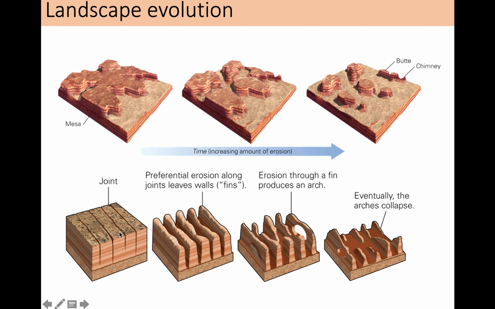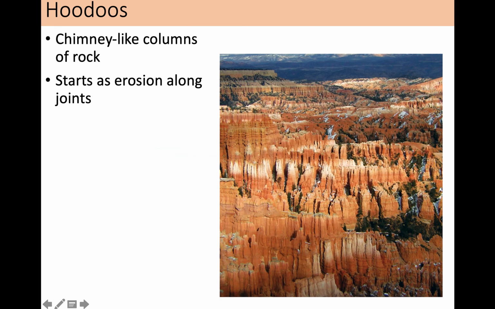Something that isn't jointed, so it doesn't already have these cracks, is going to erode just around the outer surfaces. So these mesas, these taller areas, are just going to get smaller and smaller from all sides. If there are joints already involved, that's going to control where the maximum erosion occurs.